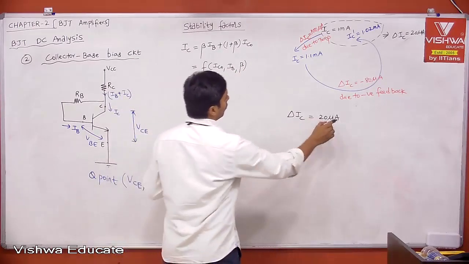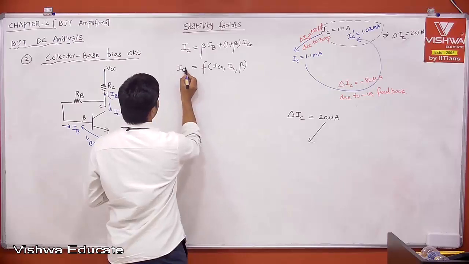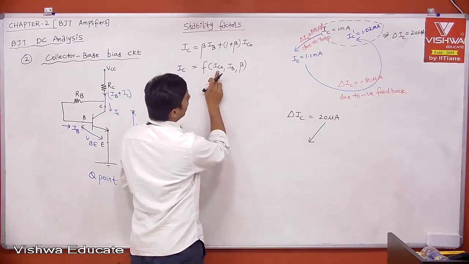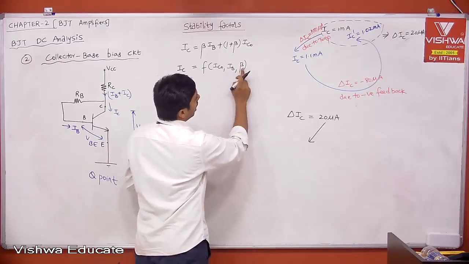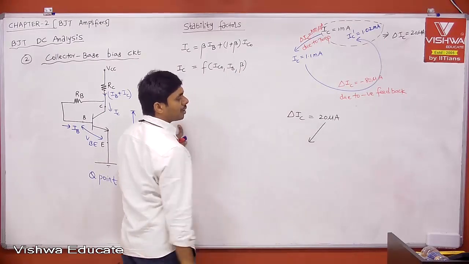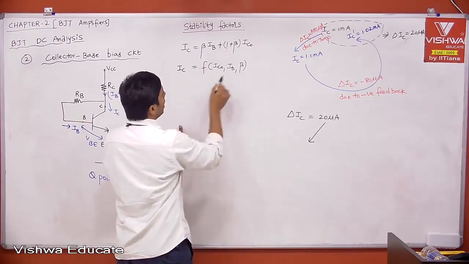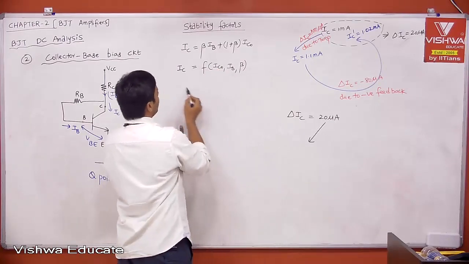Now out of the change of 20 microampere, therefore ultimately now what is the change in IC? 20 microampere. Then out of 20 microampere, IC naught will have some job, IB also will have some job, beta is also having some job. Therefore, IC naught is affecting IC, IB is also affecting IC, beta is also affecting IC.